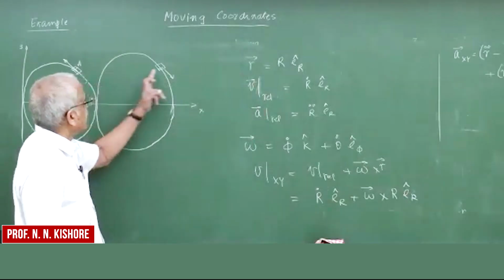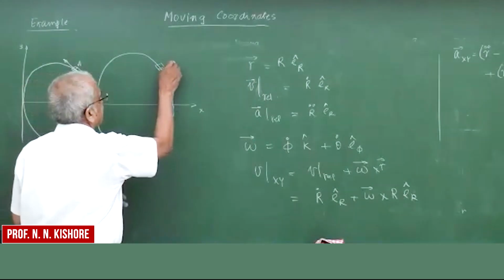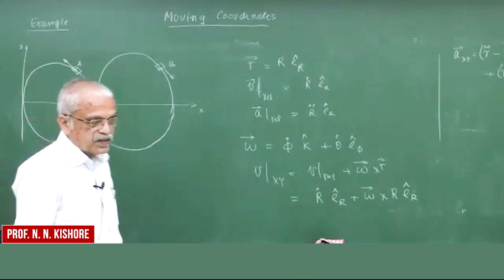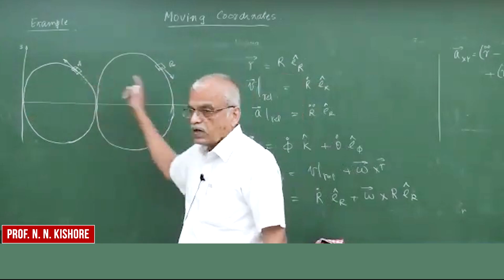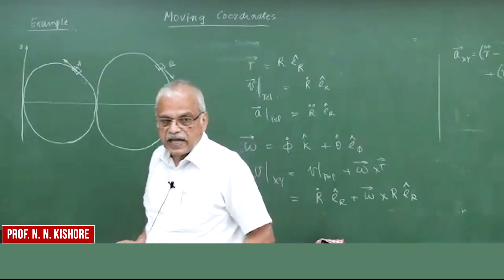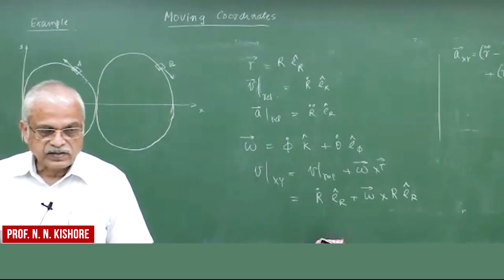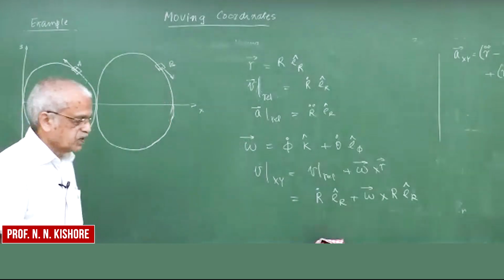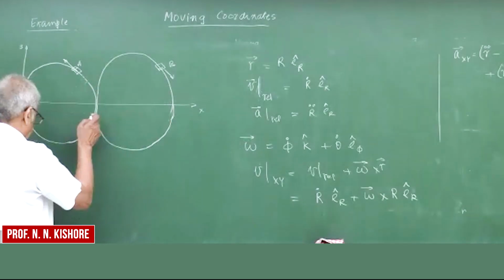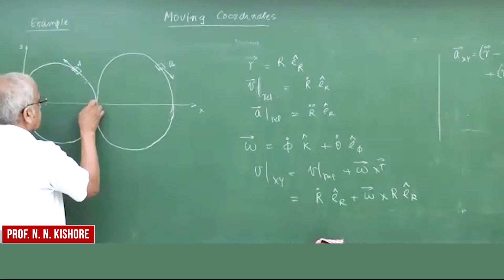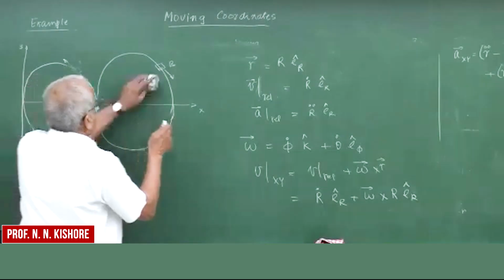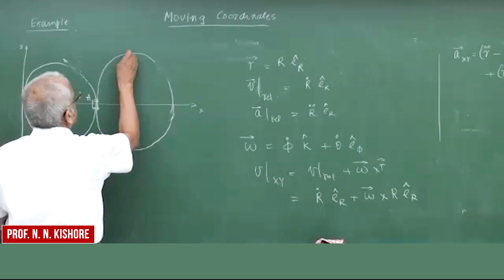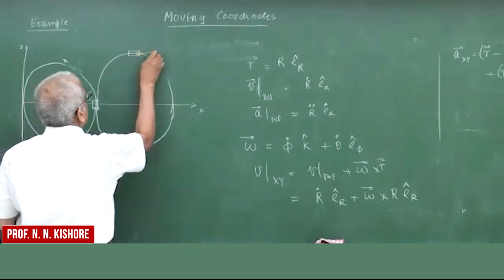So if he is observing this V here, what does he find as the relative velocity? As far as this is concerned, what does he find it as? The velocity, and maybe the acceleration as well. So let us assume that at the instant, let us say that A is here, and at this instant B is moving in this direction.